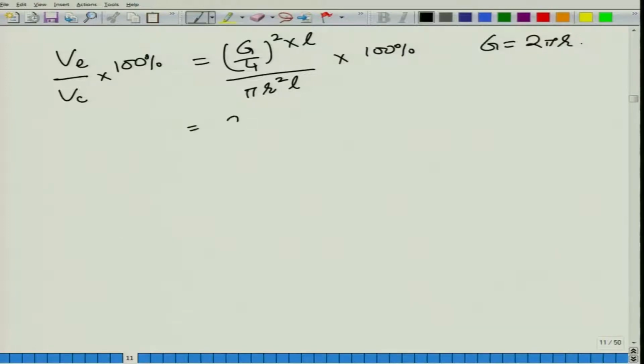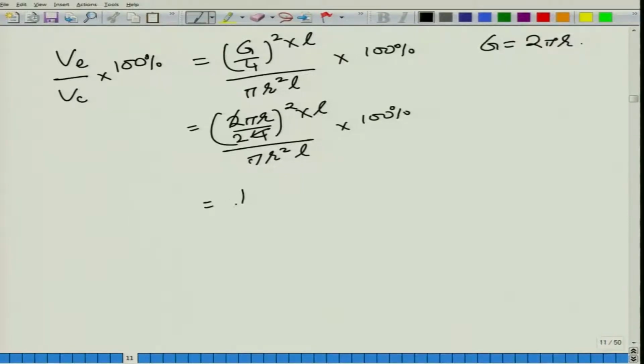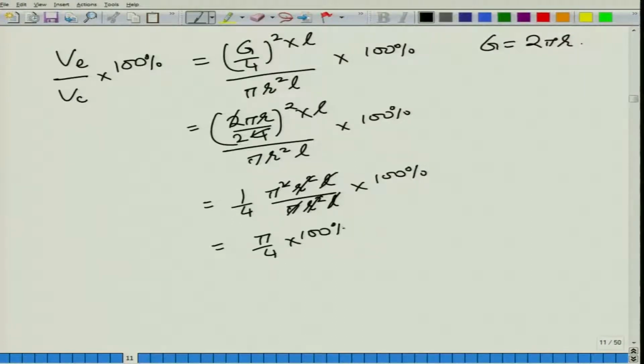So, here we have (2 pi r by 4) squared into L by pi r square L into 100%. Taking it out, we have 1 by 4 pi square r square L divided by pi r square L into 100%. r square and r square get cancelled, pi and pi get cancelled, L and L get cancelled. So, this value is pi by 4 into 100%.